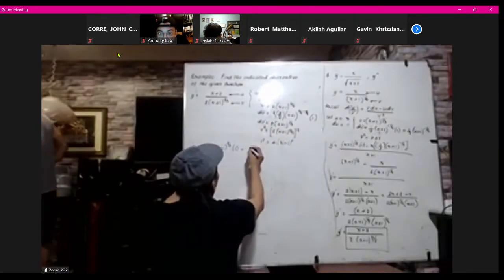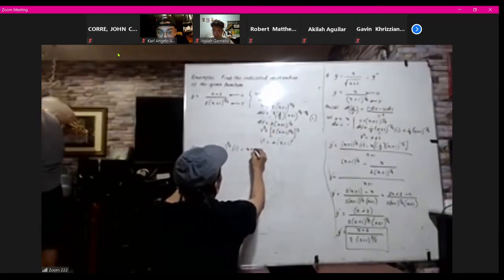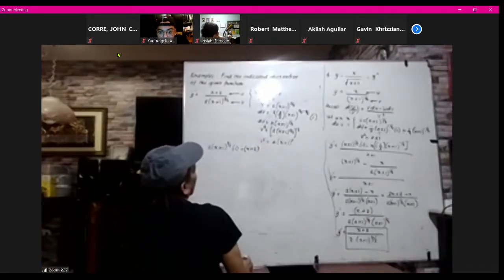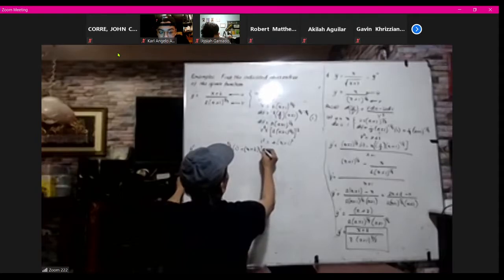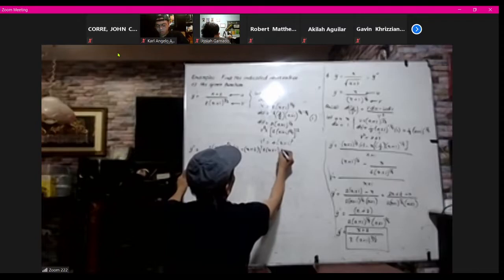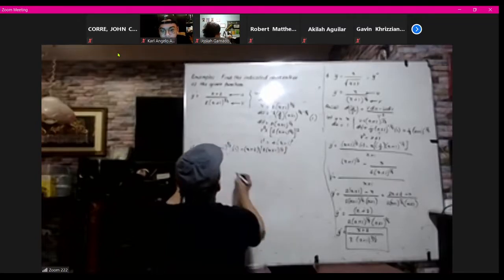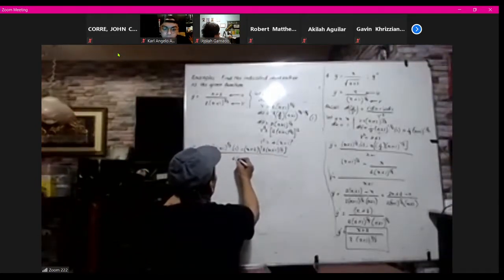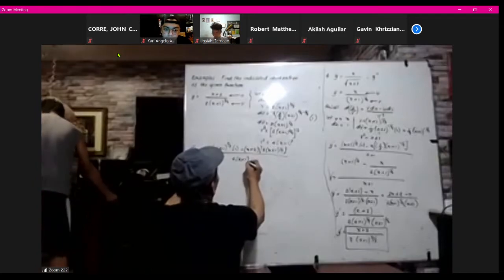Ang u natin is x plus 2. Okay? Then, ano ang dv natin? Ang dv natin ay equals 3 times x plus 1 raised to 1 half. Okay, yon. All over v squared, that is equal to 4 times x plus 1 cubed.